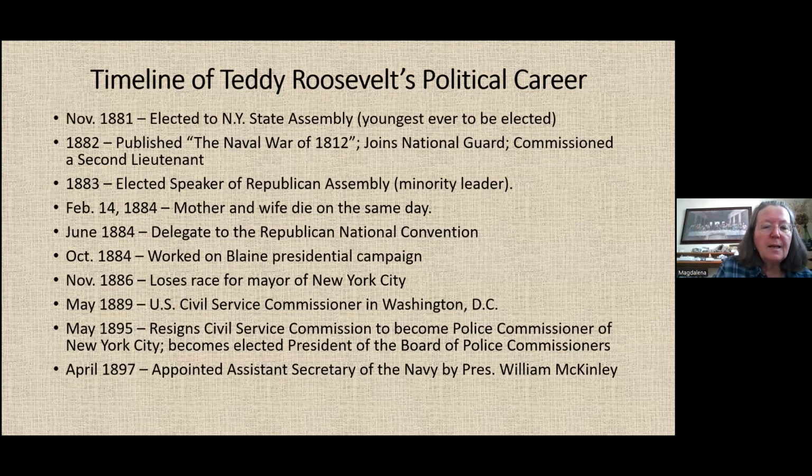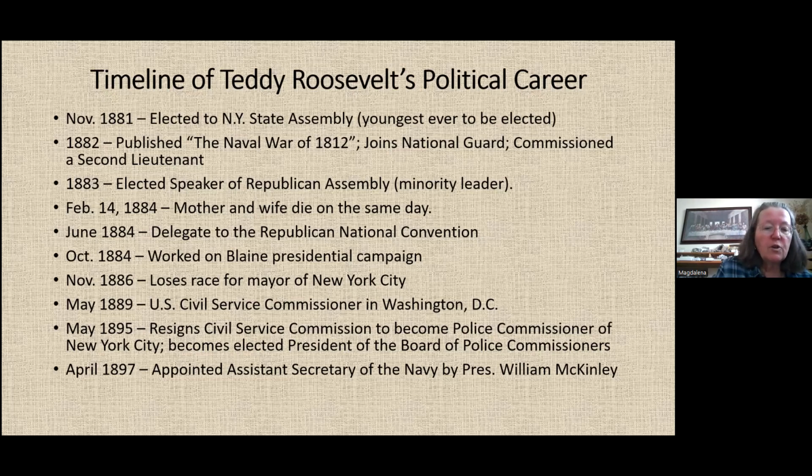In '86, he ran for mayor of New York City and lost that race. In '89, he became U.S. Civil Service Commissioner in Washington, D.C. And then in '95, six years later, he resigned as Civil Service Commissioner to become Police Commissioner of New York City, and then became the elected president of the Board of Police Commissioners.